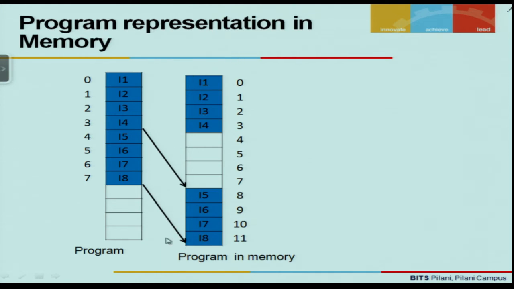Now, since we are going to talk about load on demand, here I am indicating a total memory space of 12 bytes, and I have assumed that the entire memory is divided into fixed size chunks of 4 bytes. So I have this as the first 4 bytes, then this has another 4 bytes, and then this has a third 4 bytes.